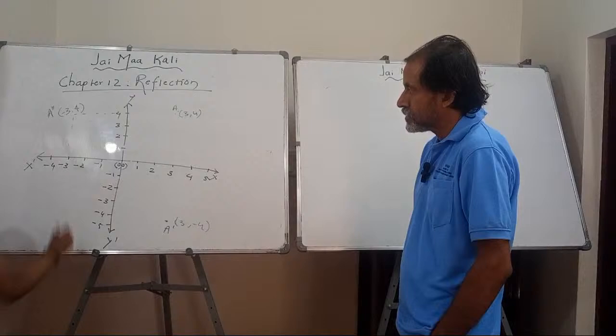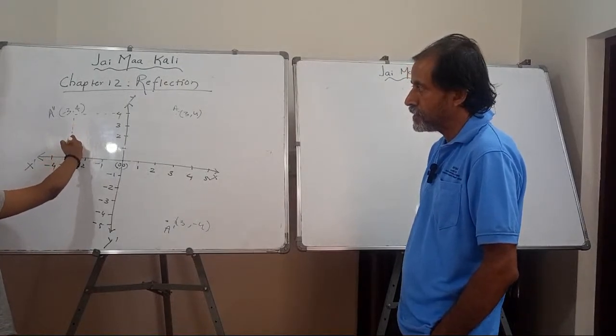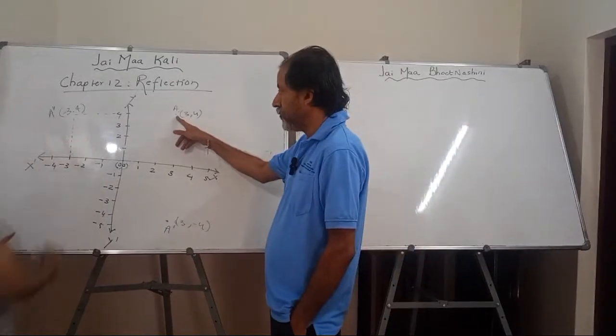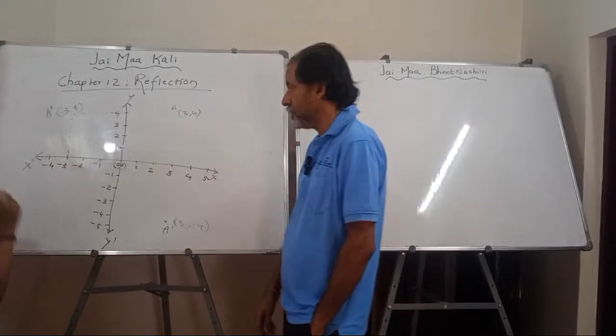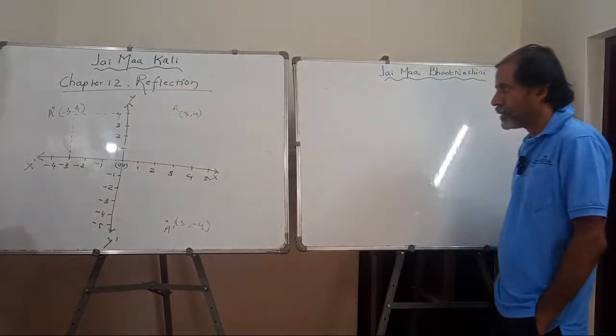Now, where will the image of this point be formed if the mirror is at 0, 0? Let's say the mirror is here. What are the coordinates?